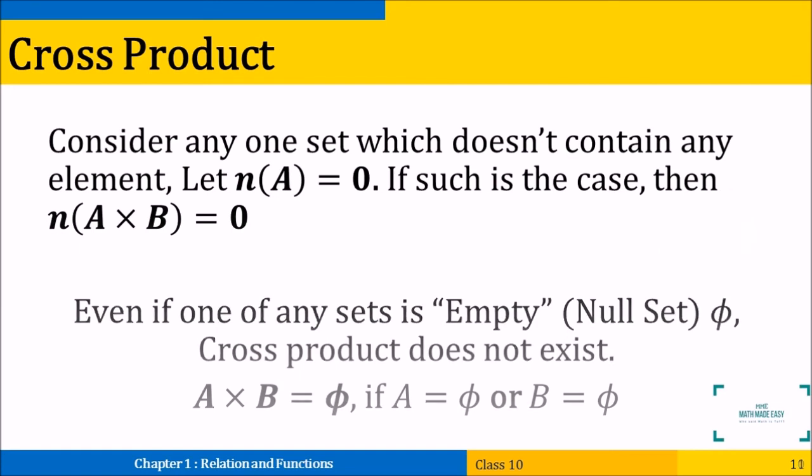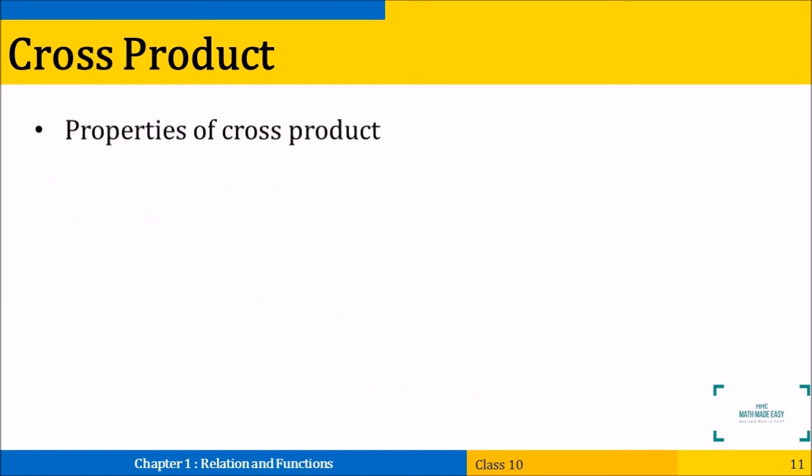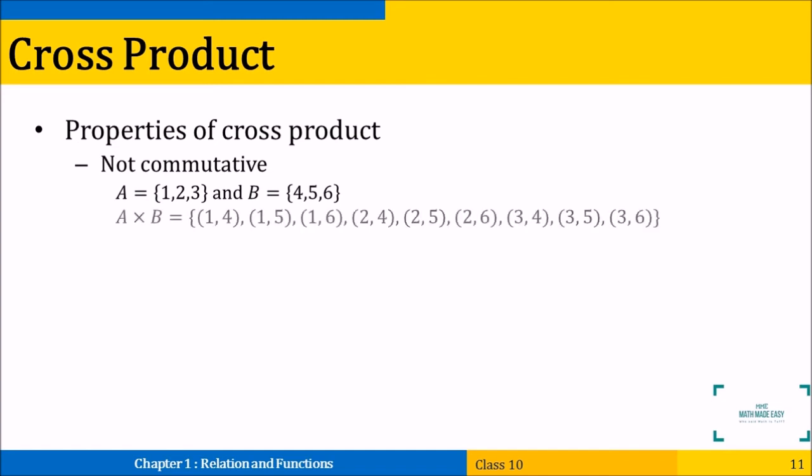So let's see some of the properties of the cross product. The cross product is not commutative. Let's see the example here. We took A equals {1, 2, 3} and B equals {4, 5, 6}. We also defined that A cross B will be equal to the ordered pair (1, 4), the ordered pair (1, 5), the ordered pair (1, 6), and so on till the last element.